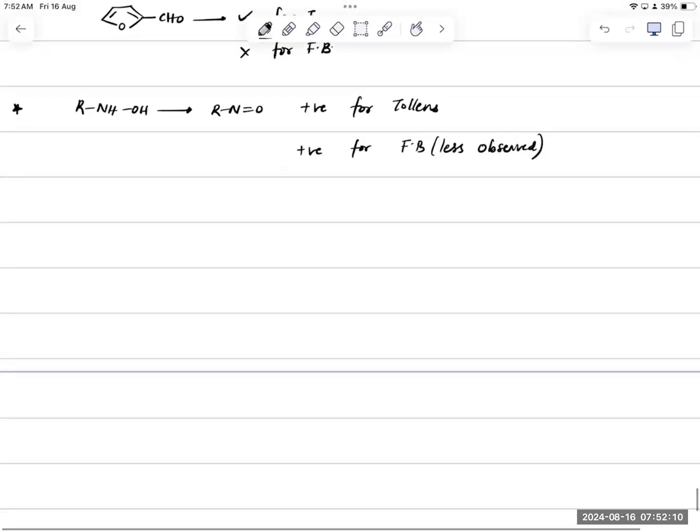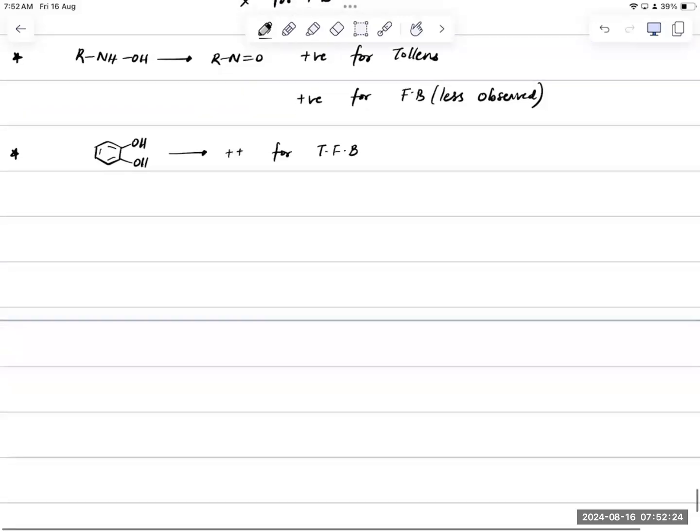Next, if you notice catechol, that is OH and OH. This one will give positive test for Tollens, Fehlings, and Benedict. Usually in cold condition.